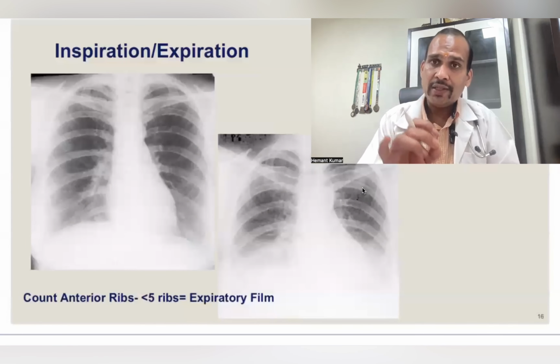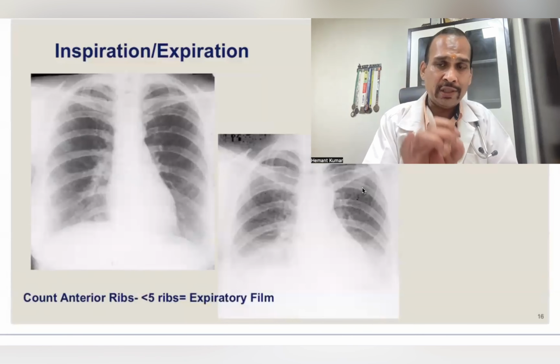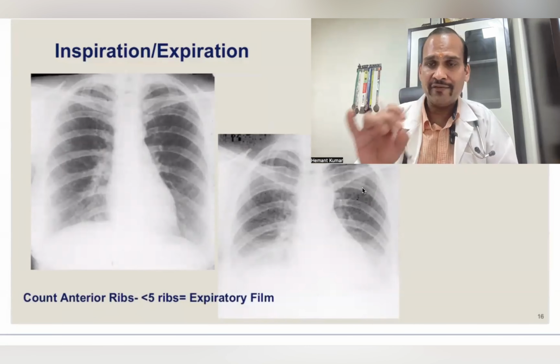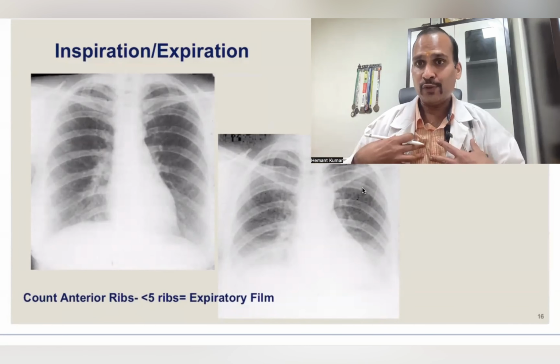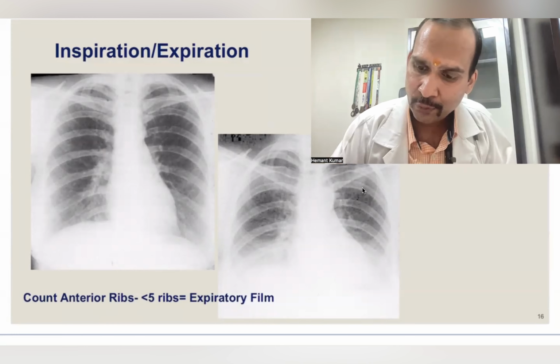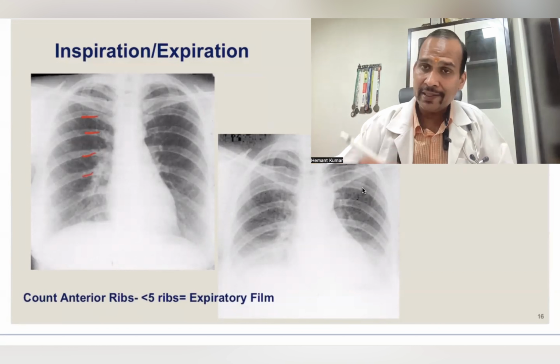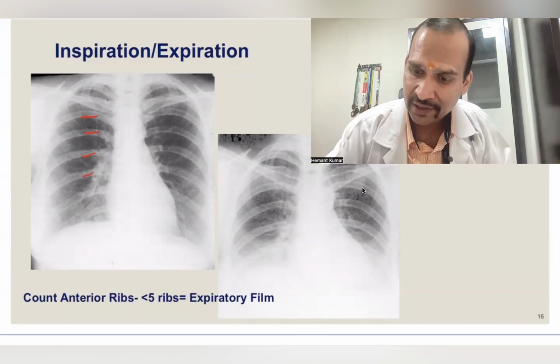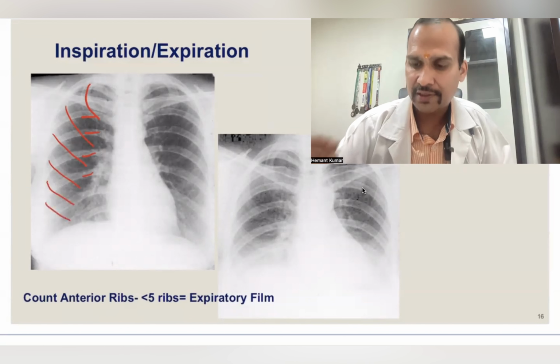I told you in the PA view, or posterior anterior view, the first rib is the posterior rib. So the first rib is posterior, means this is the posterior rib. But we have to count anterior ribs. So the anterior rib is the one which is seen behind. This is 1, 2, 3, 4, 5, 6.